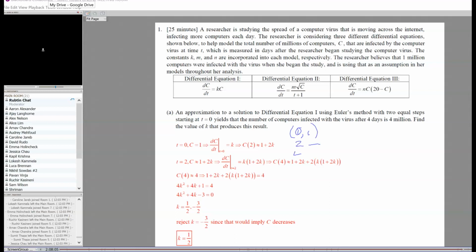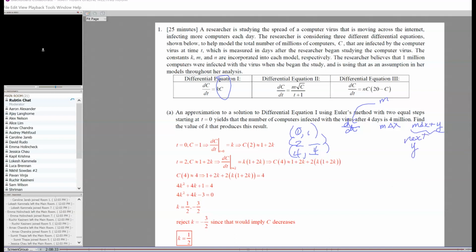And then (4, 4). And then we're going to have to solve stuff. And then the next thing is to find dC/dt. And that's going to have a k in it. And then you do, and that's m. And then you do m delta x. And then you do m delta x plus y. And that gives you your next y.